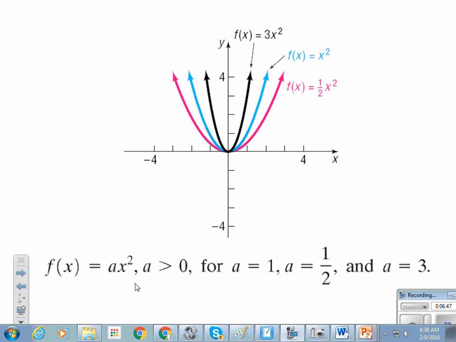So for f of x equals ax squared, for a greater than 0, I have my parent function when a equals 1. That's that blue one in the middle. When a equals 1/2, it spreads and makes my quadratic wider. When a equals 3, it makes my quadratic taller and skinnier.